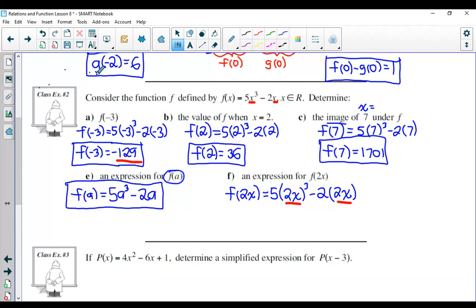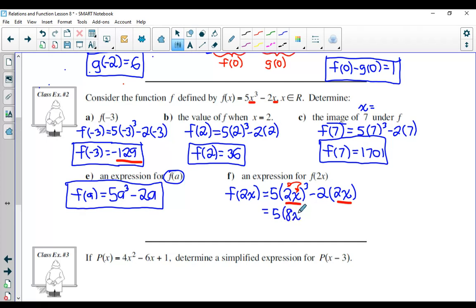Now this time I actually will complete the order of operations because you can't plug this into your calculator because we have to deal with the variable. So this would be equal to 5 times. Now, when you deal with this exponent here, this exponent has to go to both the 2 and the x as well. So 2 cubed is 8. 2 times 2 times 2 is 8.